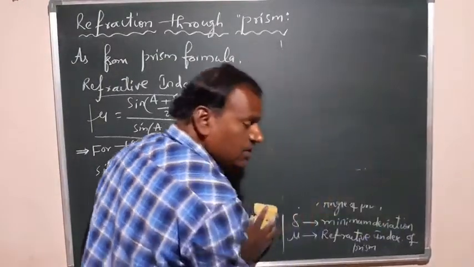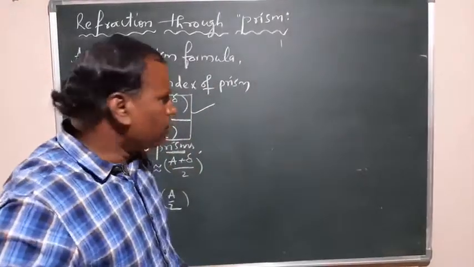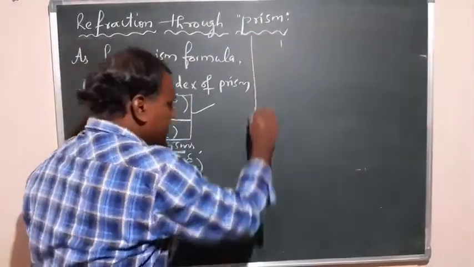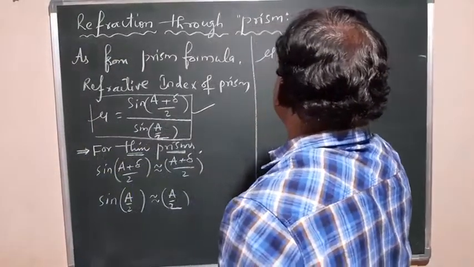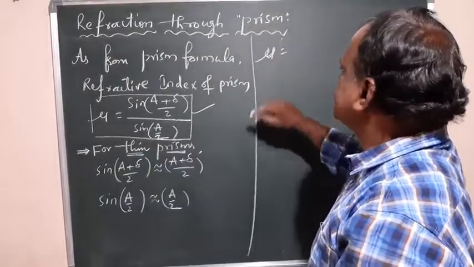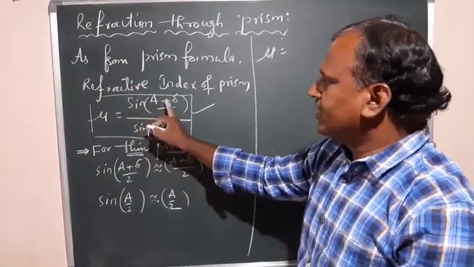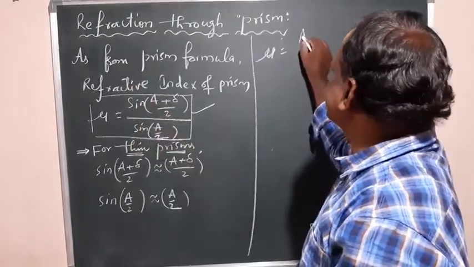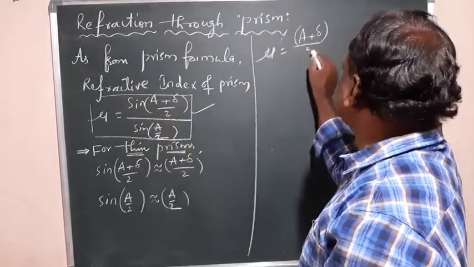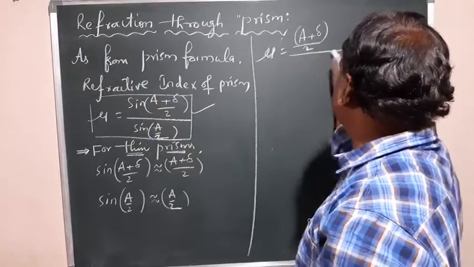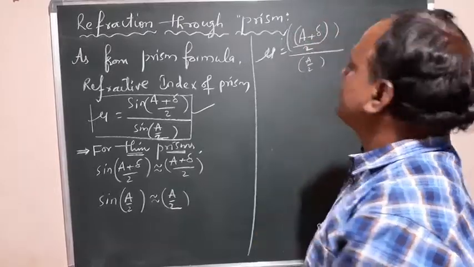Now I can write the refractive index of the prism, mu, is equal to this. In place of sine, we just remove it, and write (A plus delta)/2 upon A/2.